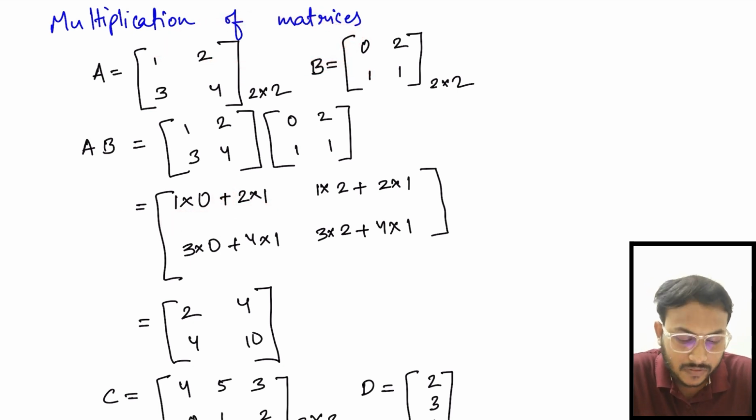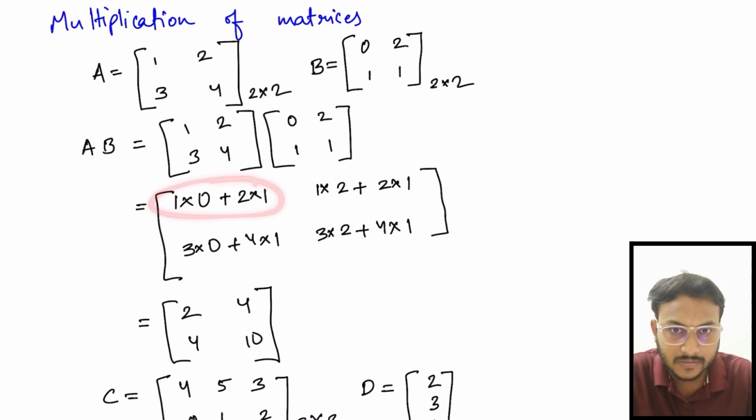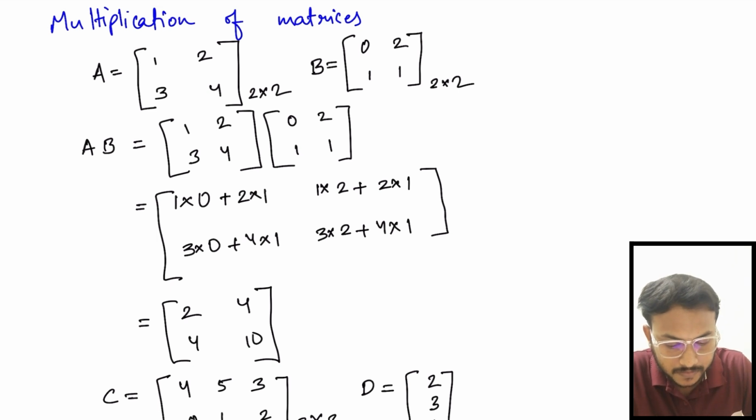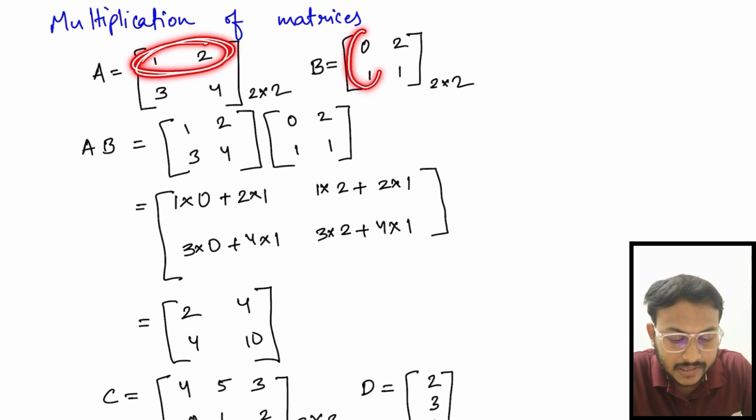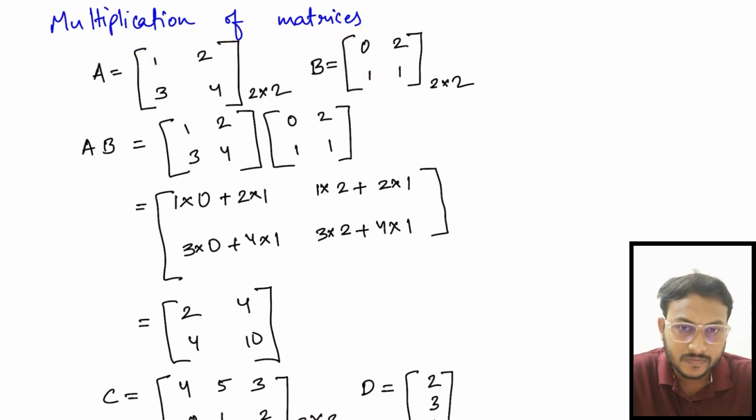So what we have to do, we have to multiply the corresponding elements, then add them to get the element of the product matrix. So the number of elements in the row should be equal to the number of elements in the column, then only matrix multiplication will be possible. Okay, elements in the row and elements in the column should be equal.